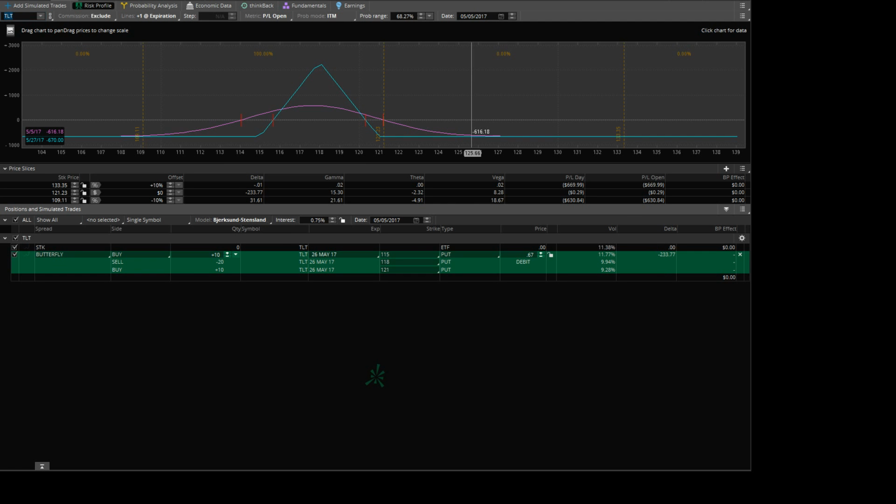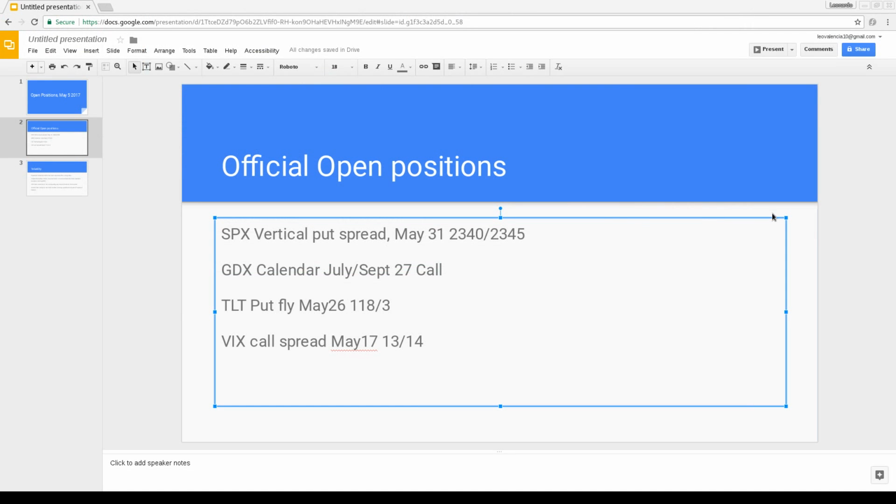Let's see what else we have here in terms of trades. We have the VIX call spread. So this is what I call an end of the world play. This is incredibly cheap. We managed to enter this thing at 10 cents, like 11 cents. It just cannot get cheaper than that.